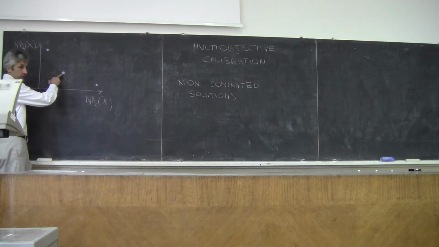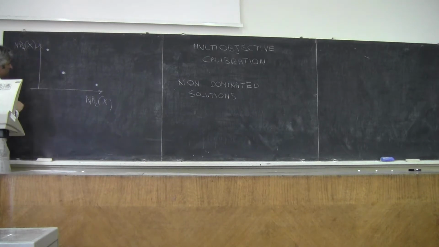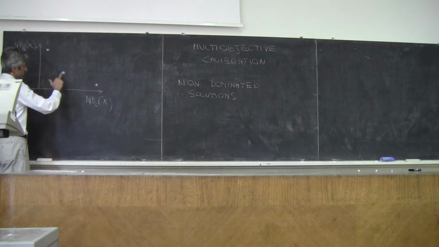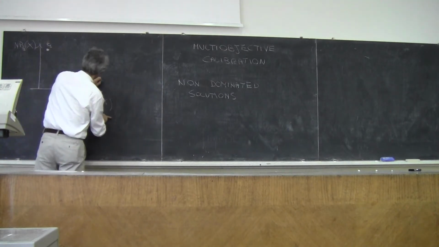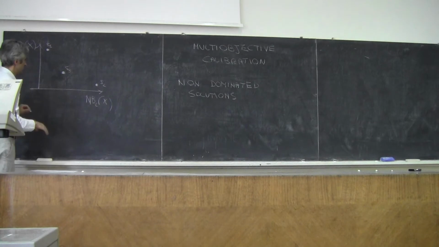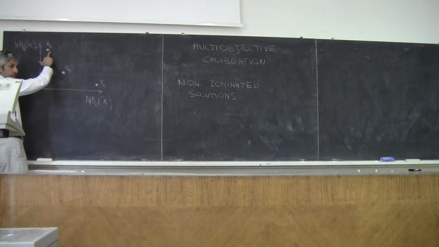Now, if you consider this solution and you compare it with this one, what can you see? You see that the benefit for the user 2... so let me call these solutions S1, S2, and S3. So let me consider S3 and let me compare it with S1.